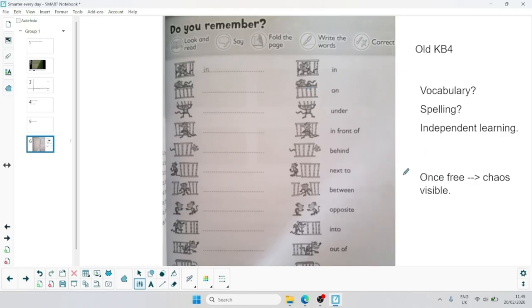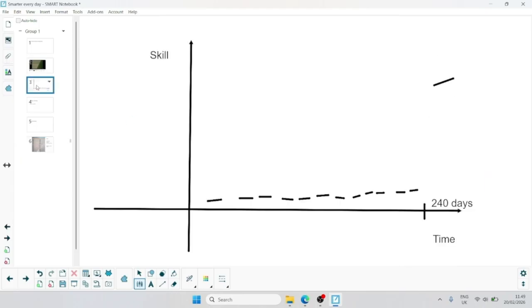And what usually happened, once we abandoned the Kid's Box material and went to this more free writing, is that suddenly the chaos that was previously not visible became visible. You just don't see the progress.